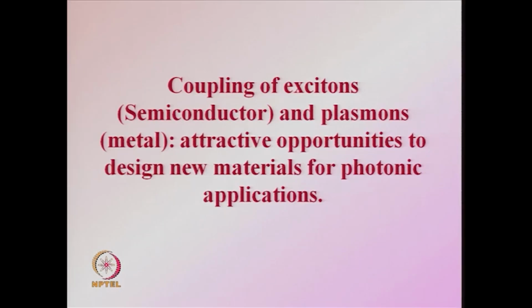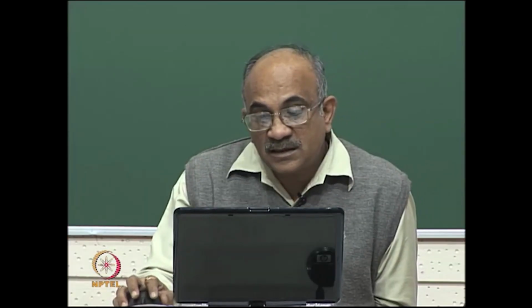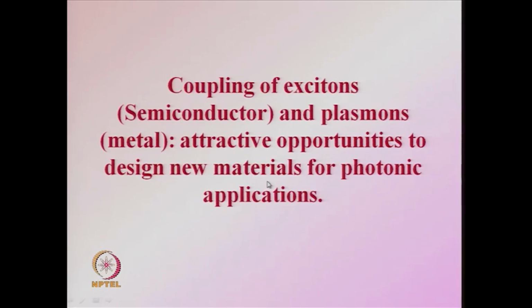Now, looking at another example. Let us couple a core and a shell which has the coupling of a semiconductor and a metal. So, we are coupling excitons in semiconductor and plasmons of a metal, and this kind of coupling of two materials which have different types of particles, excitons and plasmons, gives us several opportunities to design new materials for photonic applications.